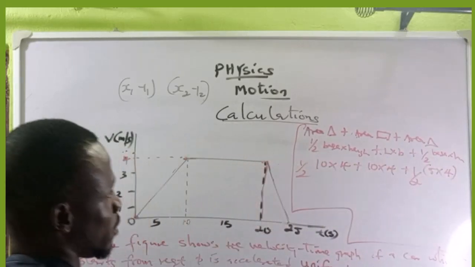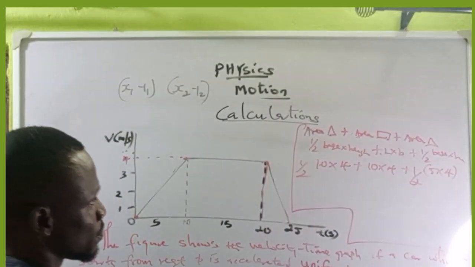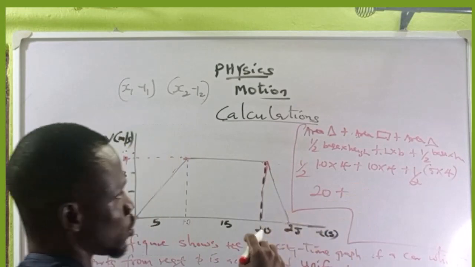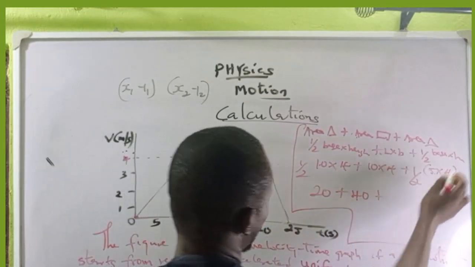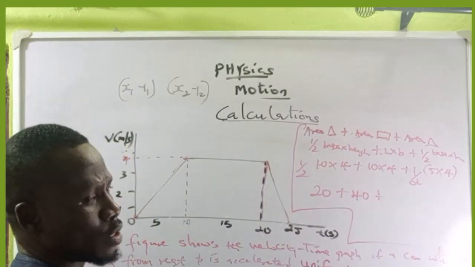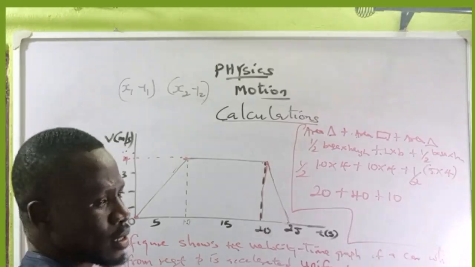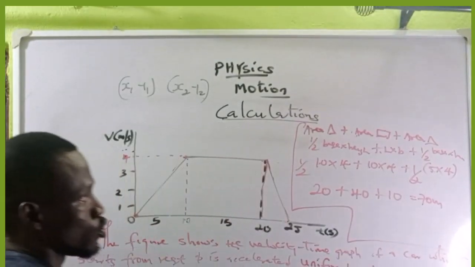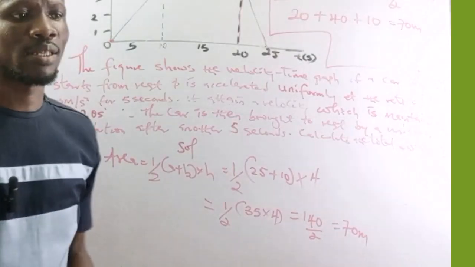Still going to give me the same. 10 times 4 is 40, divided by 2 is 20. Plus 10 times 4 is 40. Plus 5 times 4 is 20, divided by 2 is 10. 20 plus 40 is 60, plus 10 is 70 meters. So whichever way, you get the correct answer.